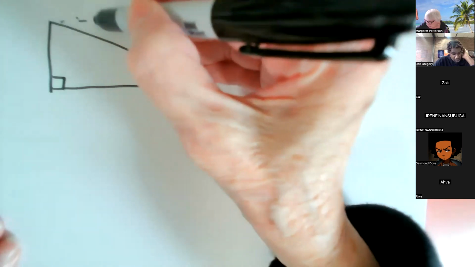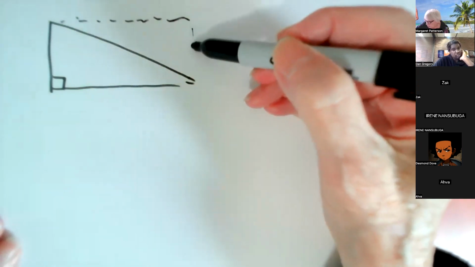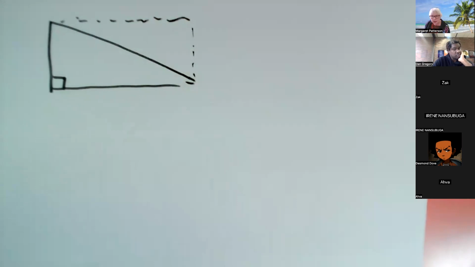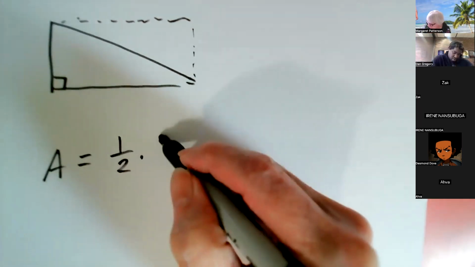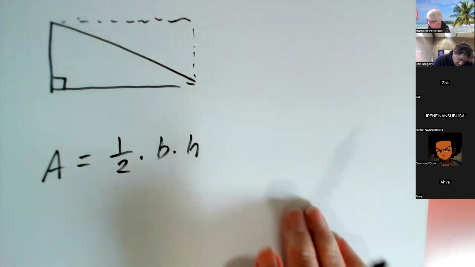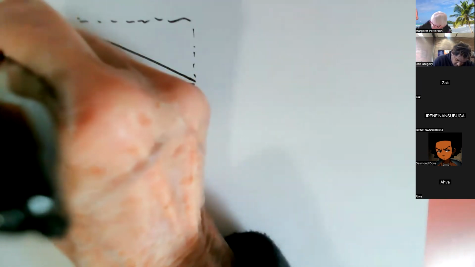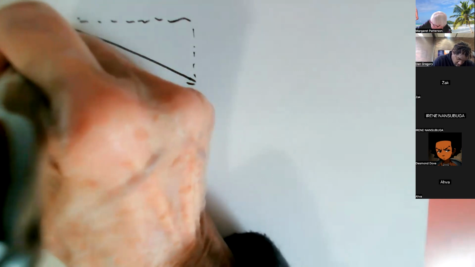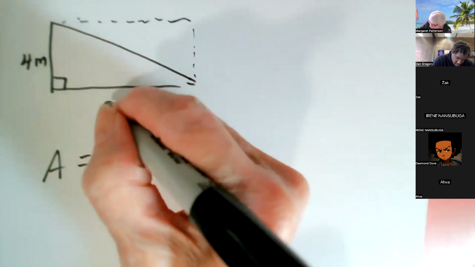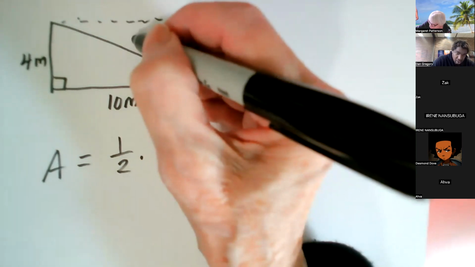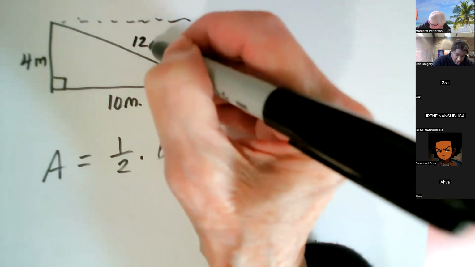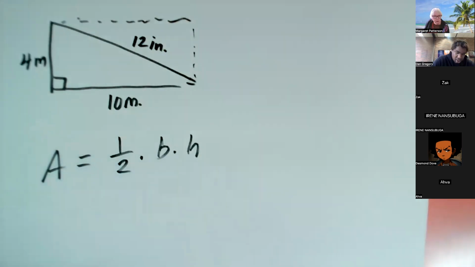If I draw it like this, I think it's even more obvious that it's half a rectangle. Isn't it? It's obvious. And so we know the formula is 1/2 times the base times the height. So if this number was 4 meters, and this number was 10 meters, and let's say they told you that this number was a 12 or something, it may not be true.